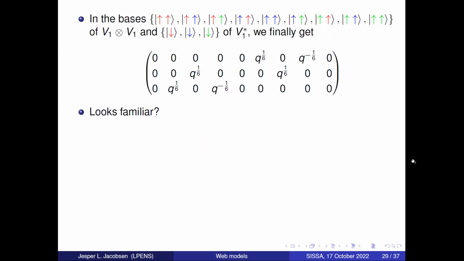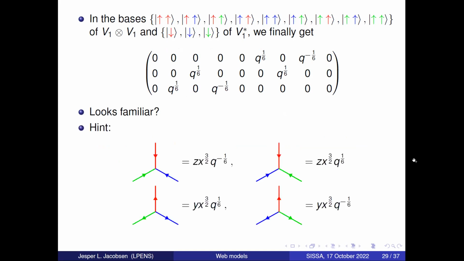And then you have to write them in the basis of two copies of your Hilbert space going into one copy. So you get this 3 times 9 matrix. And if you apply your book correctly, you are going to get 6 non-zero factors of q to the plus minus 1/6. And this, of course, looks familiar because I told you that the result should be like this. So this is precisely where they were gotten from.